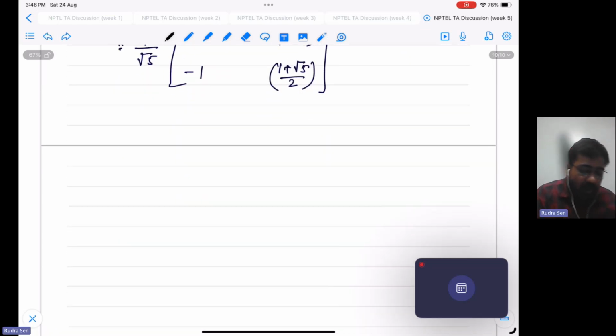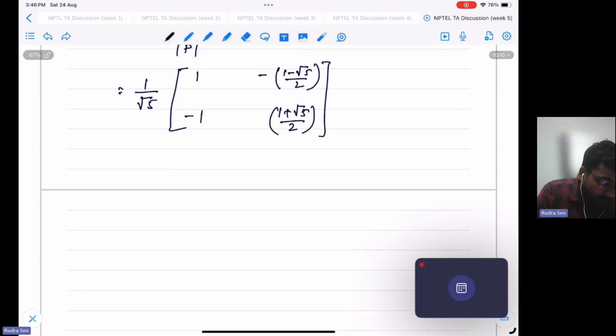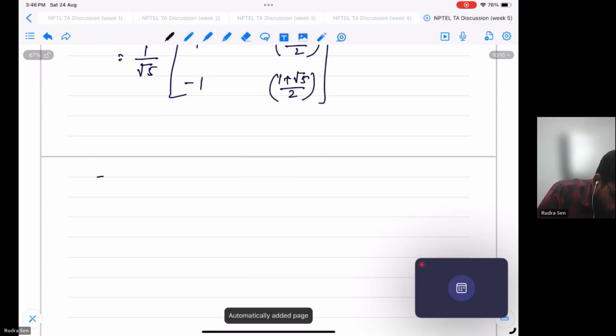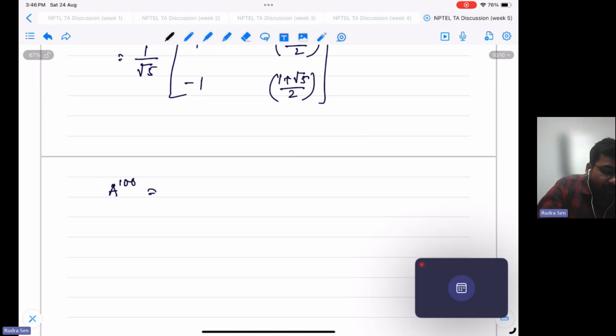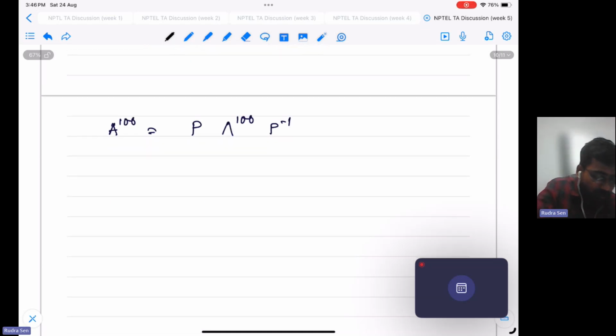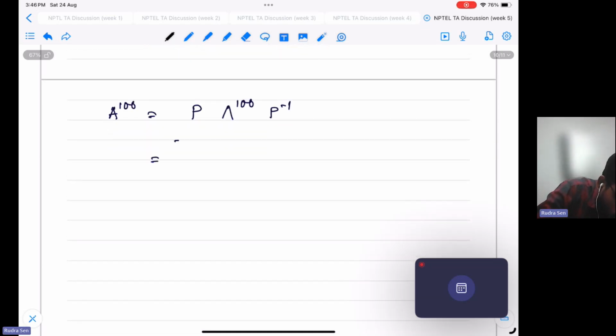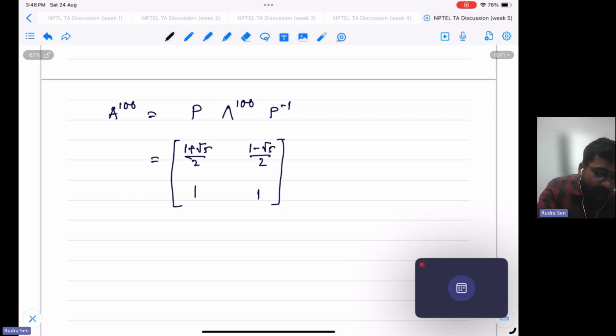Okay. So now I have to find A to the power 100, right? A to the power 100 is basically P lambda to the power 100 into P inverse. So what is P? (1 plus root 5)/2, 1, (1 minus root 5)/2, 1.